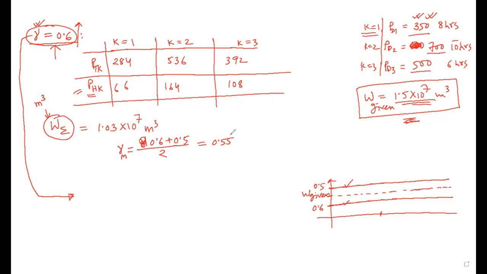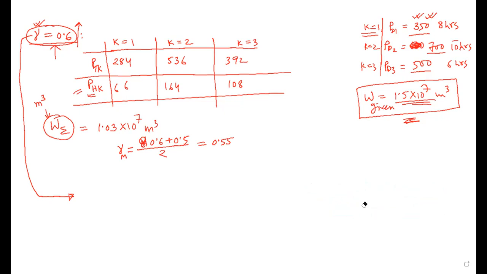Let me make this diagram a little bigger so that it will be easier to understand. Let's say this is your 0.6 gamma.